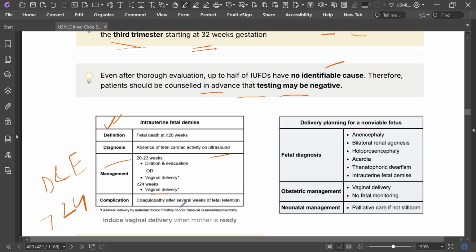Cesarean delivery by maternal choice, or if history of prior classical cesarean or myomectomy. Otherwise, induce vaginal delivery when the mother is ready.